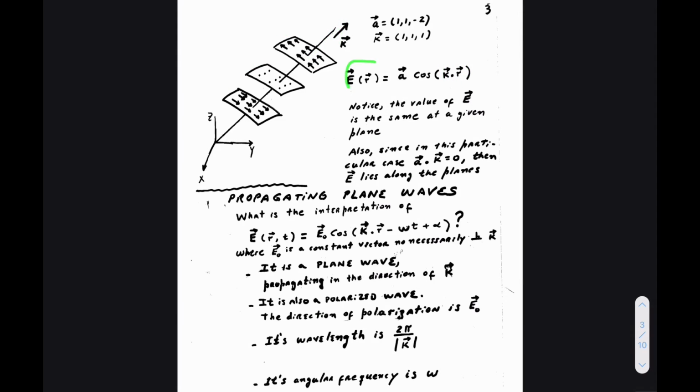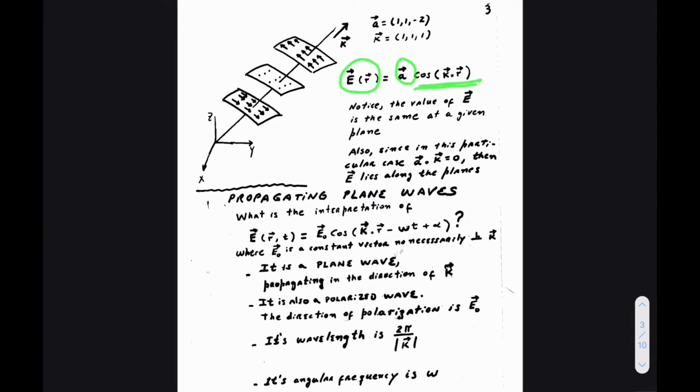Now the electric field E will be parallel to this vector A, as this is a constant for a particular plane. We know that cosine of some angle varies from -1 to 0 to +1. So for some plane, this electric field will point in the direction of this A vector when this is +1. When this is 0, the electric field will be 0.